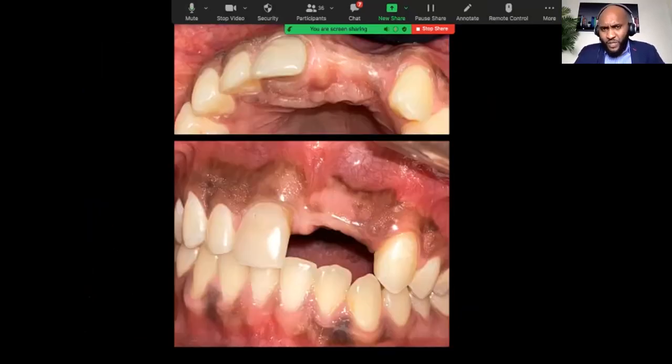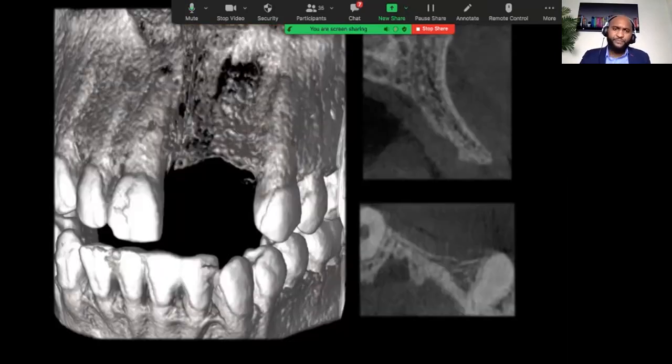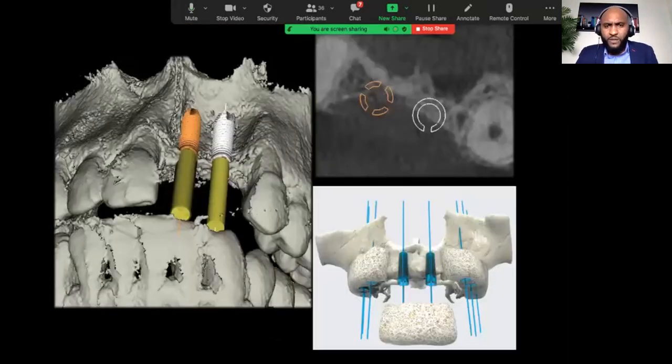Like we said, many times we are presented with such common cases where, vertically speaking, you have a good amount of bone, but horizontally speaking, you have a problem. So if you take a cone beam CT, look at that. It becomes difficult to manage such a case. And look at that. If you are to attempt to actually place implants, they will be completely outside bone.